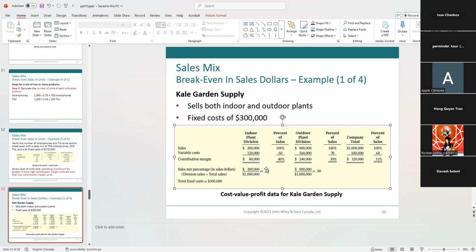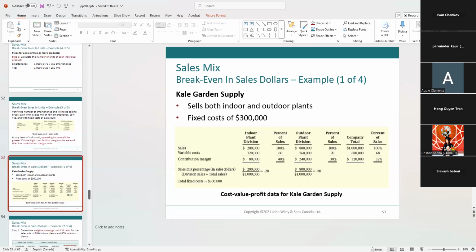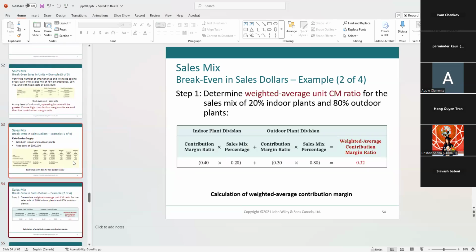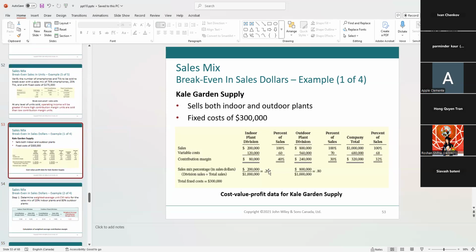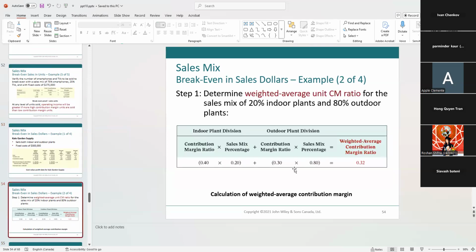Now we know the sales structure of those two items. We know the contribution per each item. Now we're going to get the weighted contribution, which is 40% times 20% plus 30% times 80%. That's going to give us a weighted contribution margin of 32%.